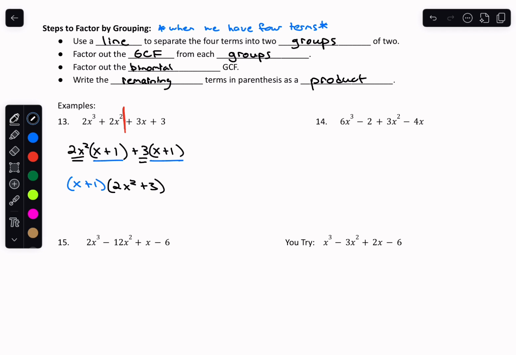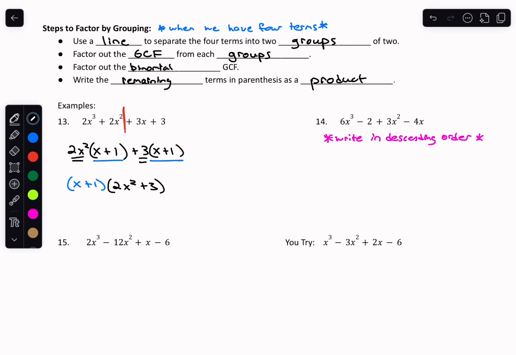All right, number 4. Number 4 has one extra step that was not mentioned yet, which is that we want to have our terms in standard form or descending order. So first step is write in descending order. Okay, if you don't have your terms in descending order, factor by grouping might not actually work out.